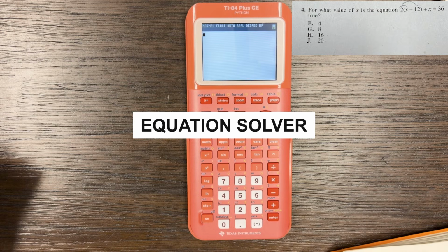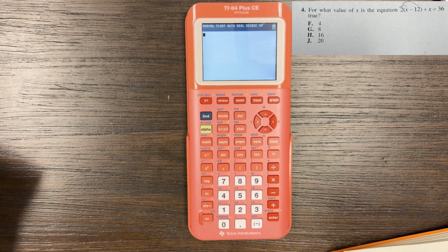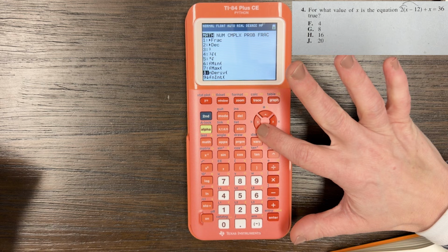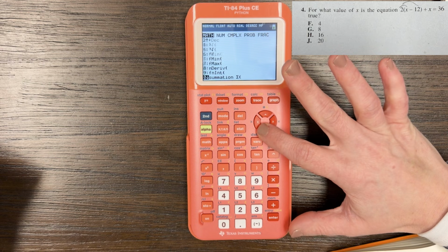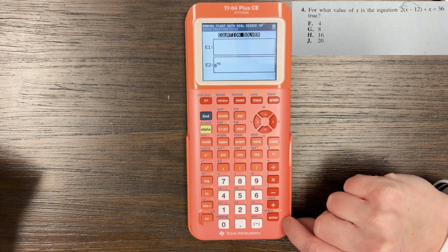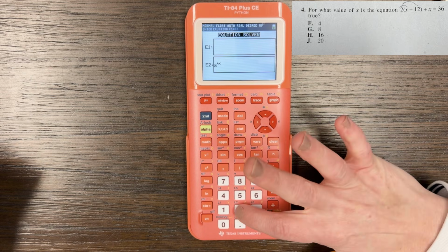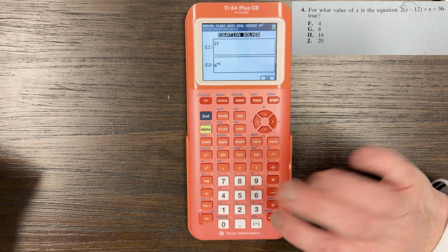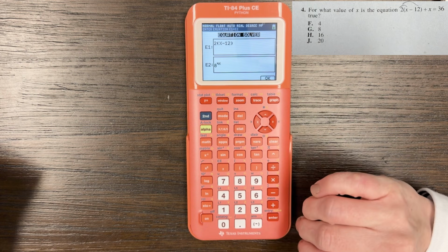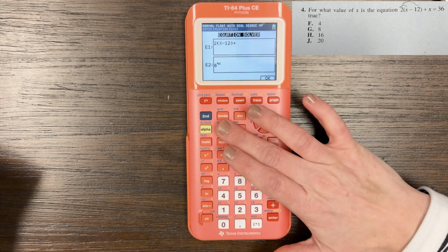Okay, so yes, you can solve this number 4 by hand, but let's go ahead and show you using this feature on your graphing calculator so you know how to use it for the future. So if you click on math and then you scroll down, and then what you're looking for is its numeric solver, or numeric, and let's go ahead and type it in. So we go 2 parentheses x minus 12, and then we go plus x.